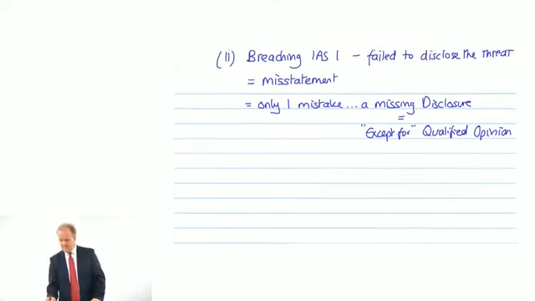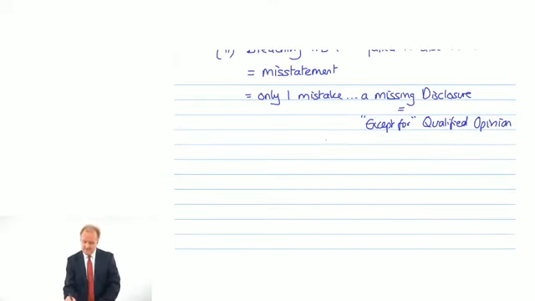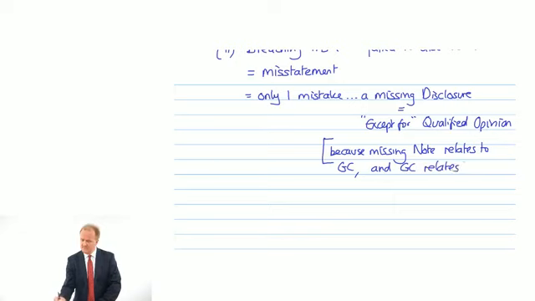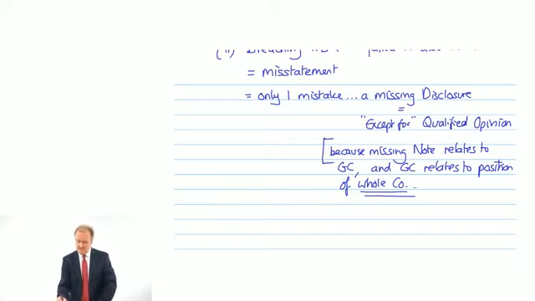However, it could be argued that because the missing note relates to going concern, and going concern relates to the position of the whole company, it's about the company's very existence, you might possibly argue that this could be adverse.